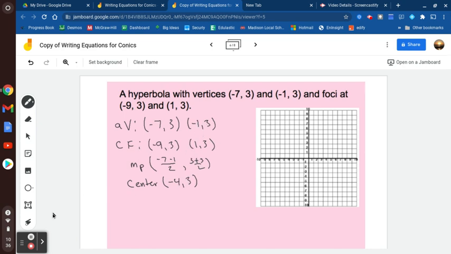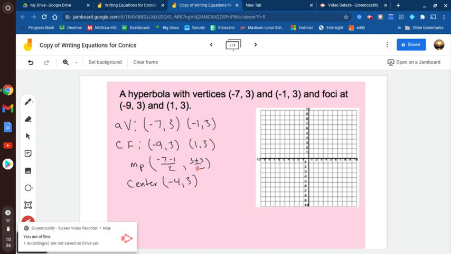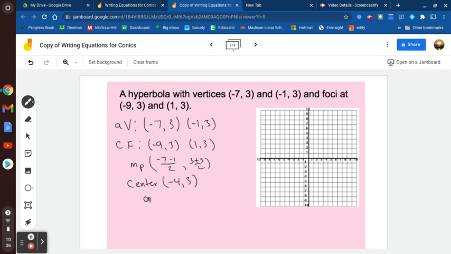I'm going to look at -4 and -1, or -4 and -7. It's the difference between those. What? I thought you said 8 at first. Yes, 3 is the difference. So my a is 3.